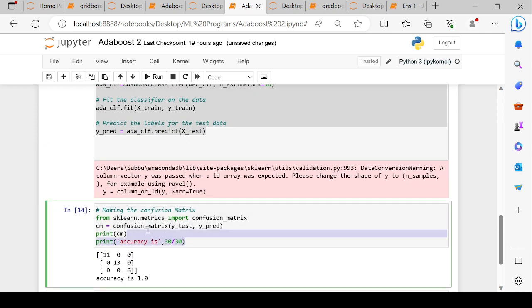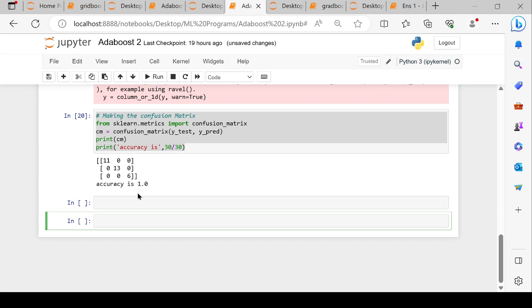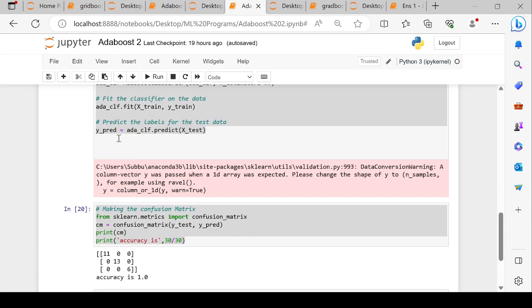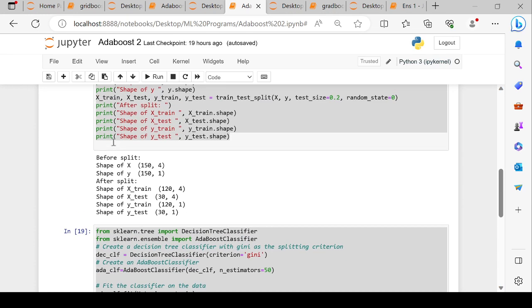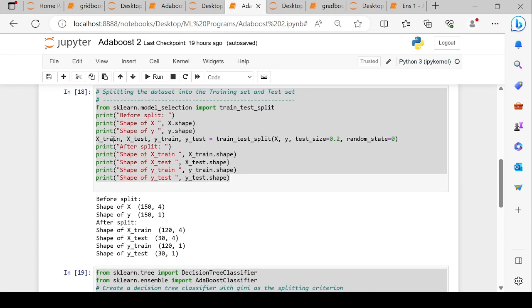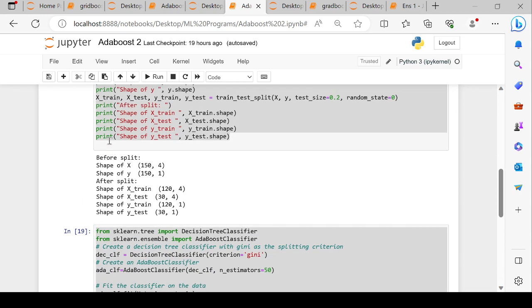Now we can build a confusion matrix. You get a very good accuracy of 1, right? That's because the data is very good. So to summarize AdaBoost, you need to have another classifier, either decision tree or naive Bayes, to do the classification, and use that in the AdaBoost classification.